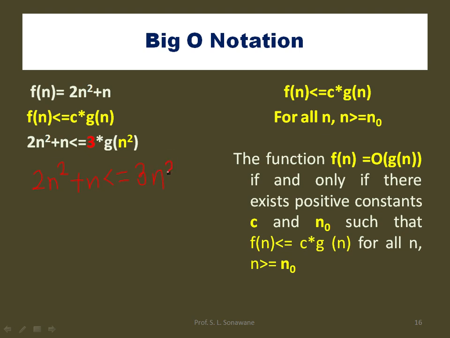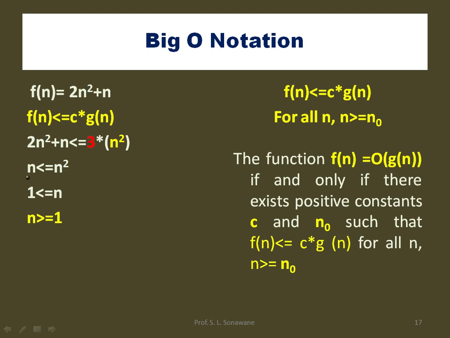Now we will solve it. So to solve it, we will move this 2n square to the right hand side. So it will be n is less than or equal to 3n square minus 2n square. So it will be n is less than or equal to n square.